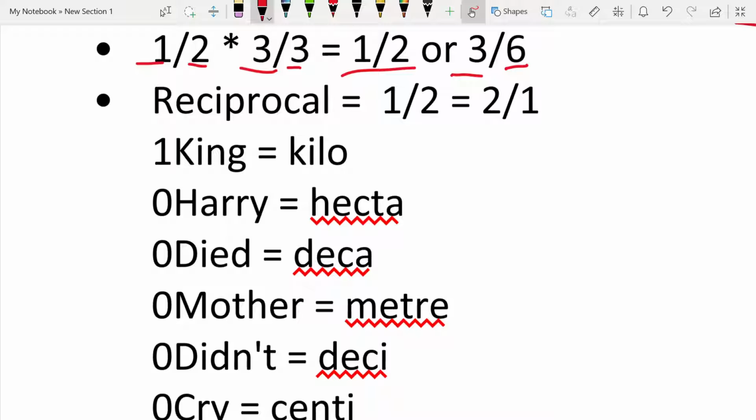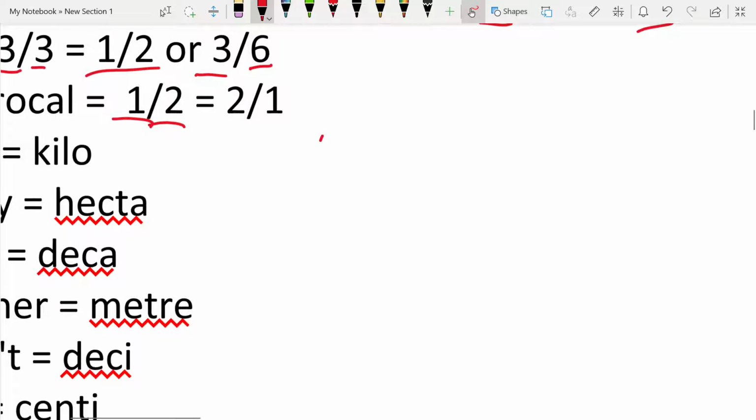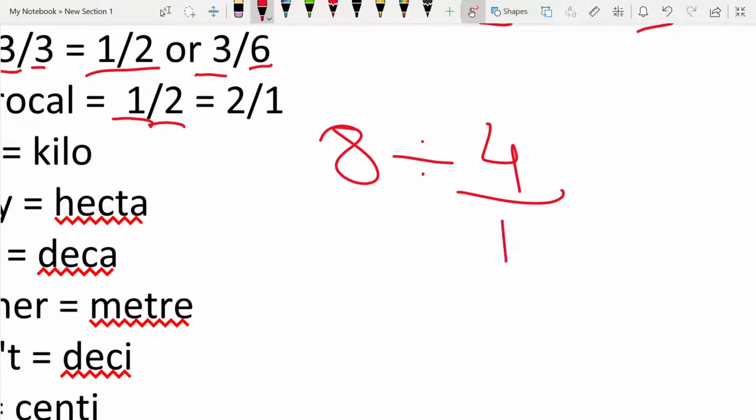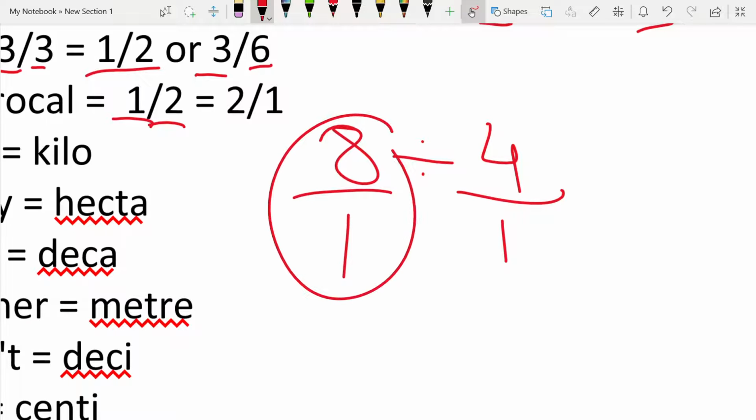What is reciprocal? If you have 1 by 2, that will be equal to 2 by 1 if you do the reciprocal of that, and you will use that when you're dividing. Let me show you how that works. If you have 8 divided by 4, 4 by 1, and that's by 1 as well. Then you can leave one number as it is, and then you can do the reciprocal of the other number.